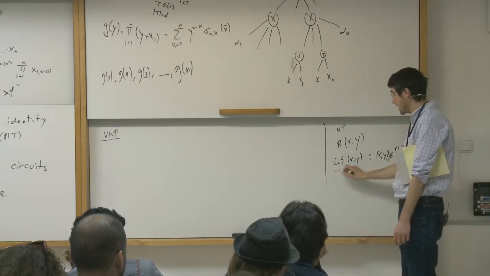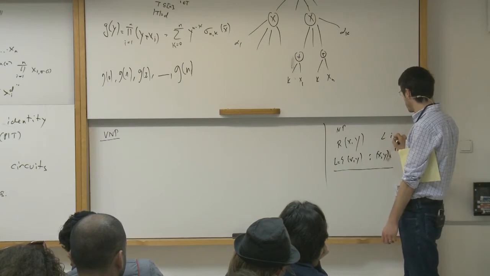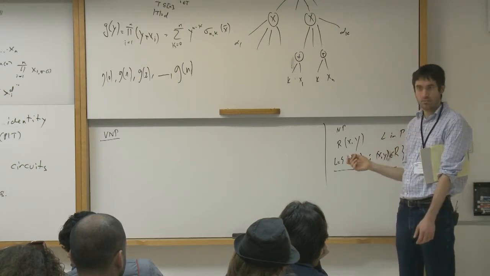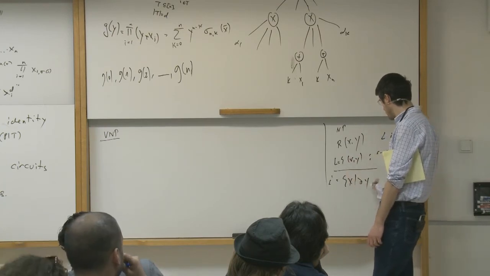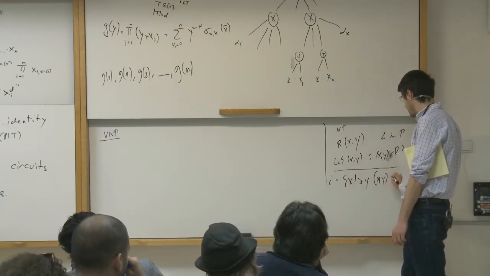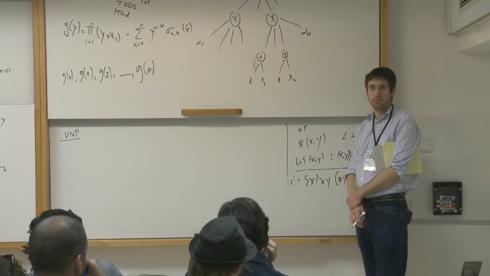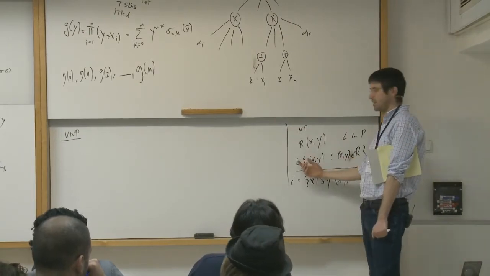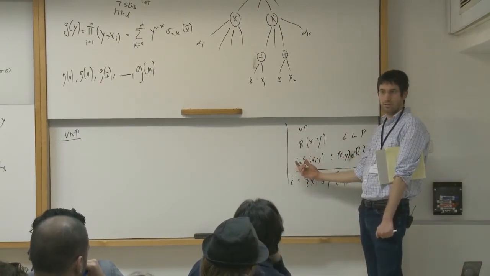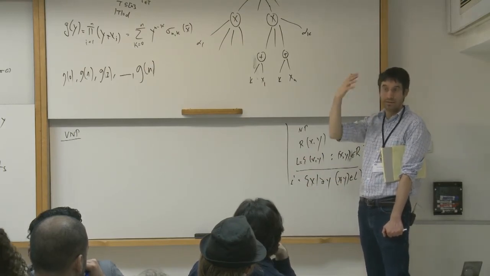L should be a language in P. And the language in NP will be this L prime, which will be all the x's such that there exists a y such that xy is in L. So basically, you start from an easy function, and then you add a big OR: there exists a y.